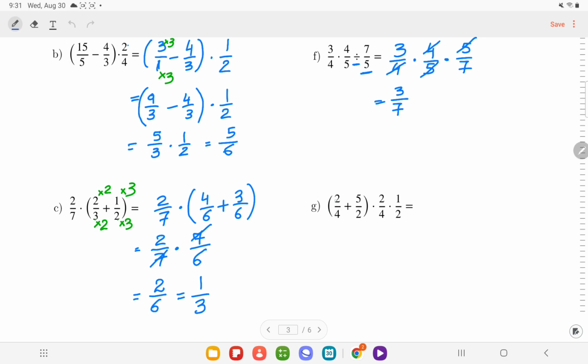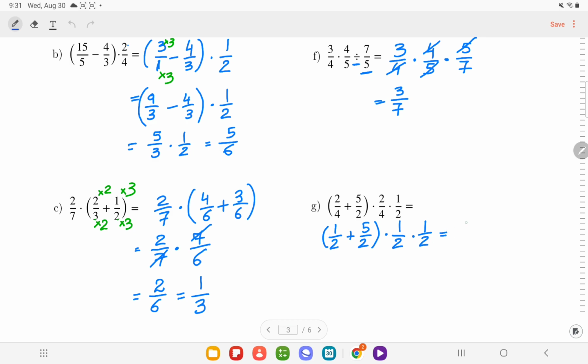Here, we're going to reduce 2/4 first. 2/4 divided by 2, divide by 2, we get 1/2, which is great because we have the same common denominator inside the brackets. We can also reduce 2/4 to 1/2. So always try to see if we can reduce the fractions.